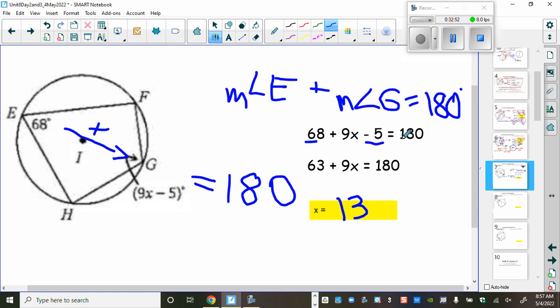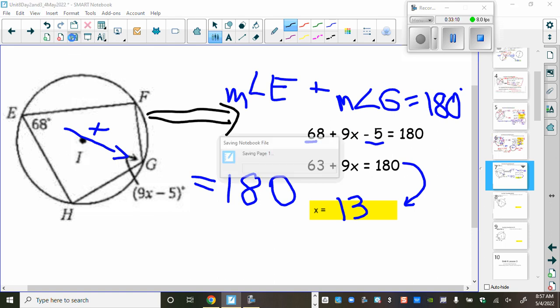So your x in the end will be 13, but you're going to find that. But again, the goal is you want to go from here to here. Diagram, equation. That's your goal. Diagram to equation. All right. The last two, just going to kick out. Don't even worry about the last two.